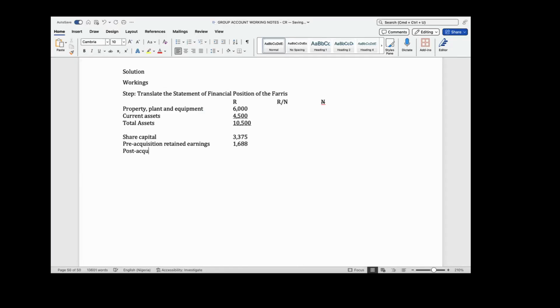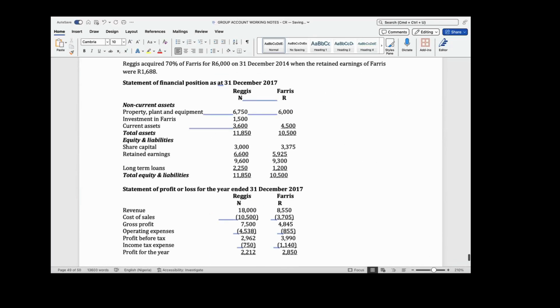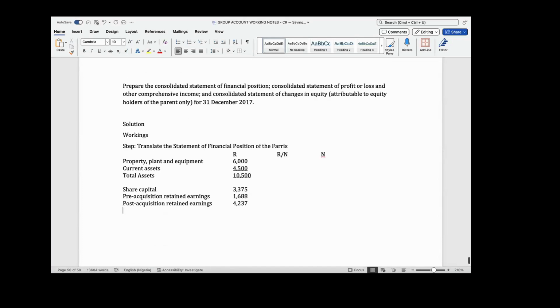And post-acquisition retained earnings. If the retained earnings is 5,925 and the pre is 1,688, then post is 4,237.